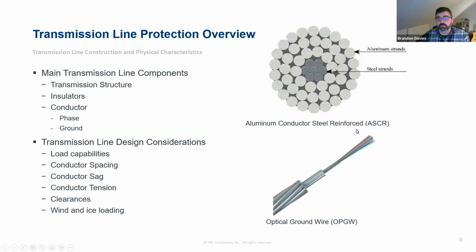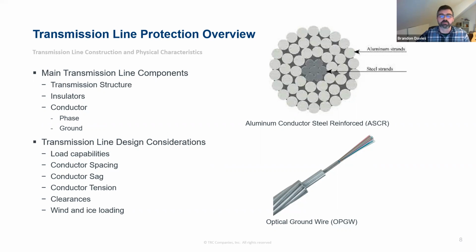So it's ACSR. I think I messed up that acronym, but that's all right. But basically, it's steel strands in the center of the conductor, and those are really there to provide the structural integrity of it.